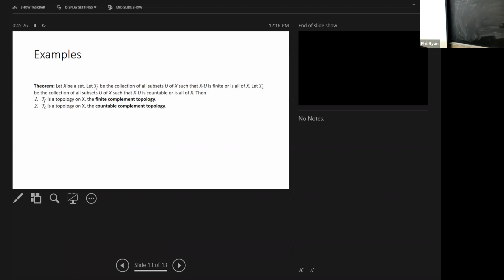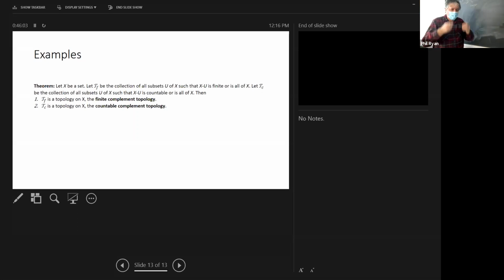So let's say we have a set X. Let T sub F be the collection of all subsets U of X such that X minus U is either finite or it is all of X, and let T sub C be the collection of all subsets U of X such that X minus U is countable or is all of X. Then T_F is a topology, the finite complement topology, and T_C is a topology, the countable complement topology.